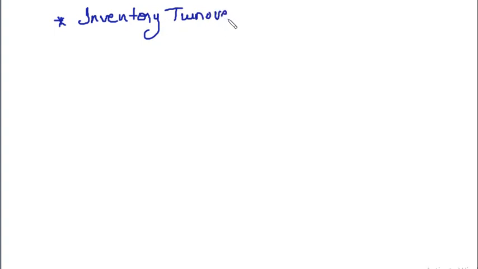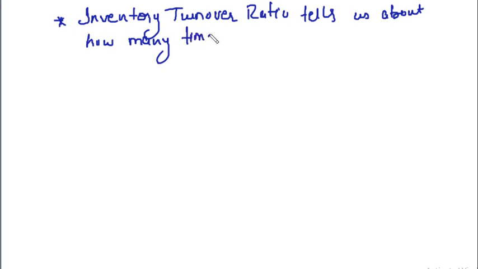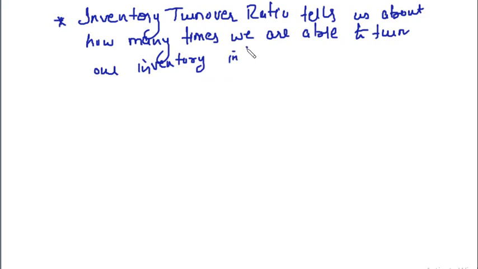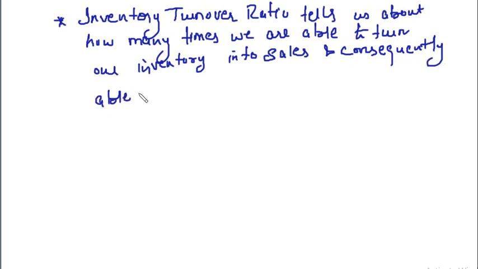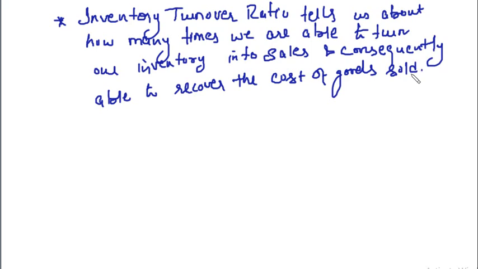Inventory turnover ratio tells us about how many times we are able to turn our inventory into sales, and consequently able to recover the cost of goods that are sold. That is, cost of inventory.